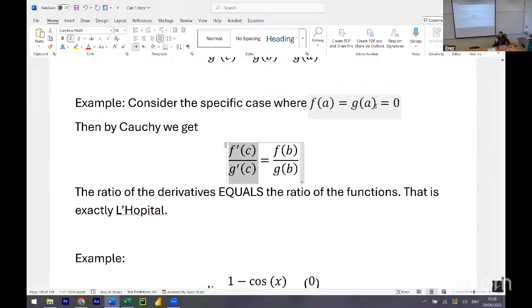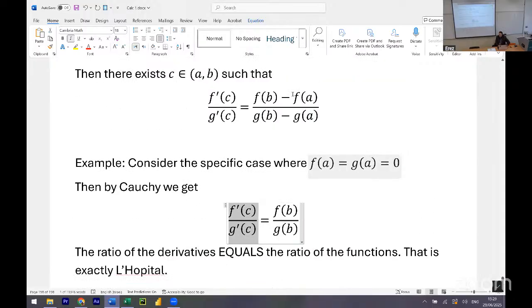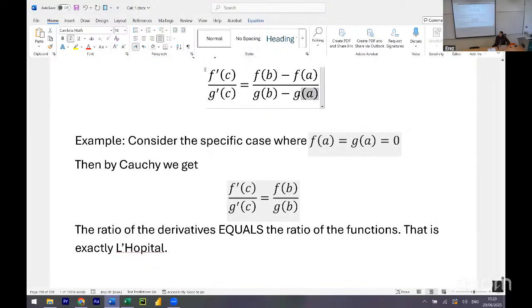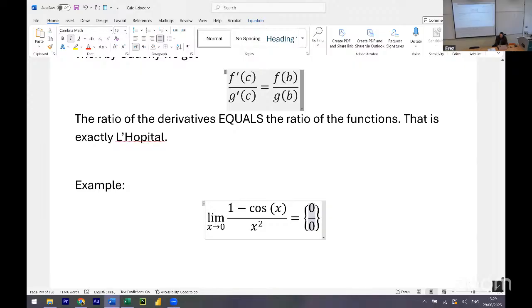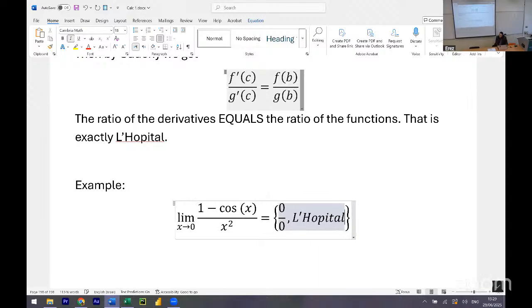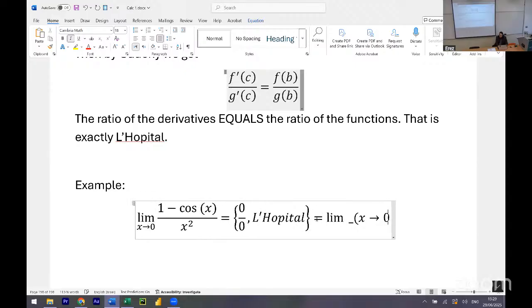It is true in infinity over infinity. It's a rather complicated proof, but if the values were 1 and 2, it wouldn't work because you have these values here that are not deleted. But when they are 0, it's the easiest case to see, they are deleted and the ratio of the derivatives is equal to the ratio of the functions, which means we can replace the functions, each of them by their own derivative.